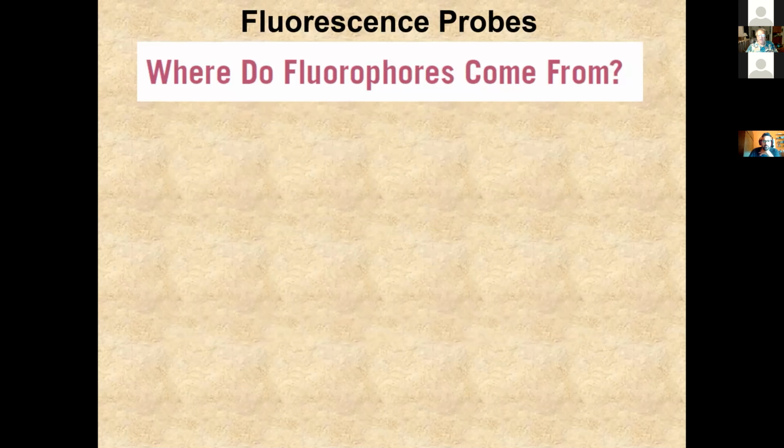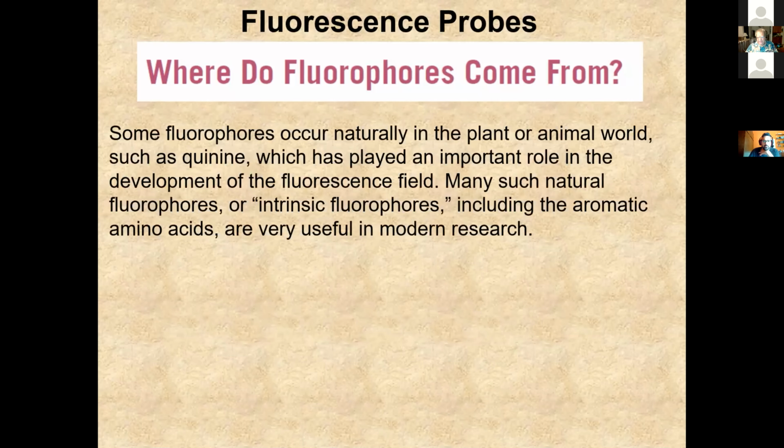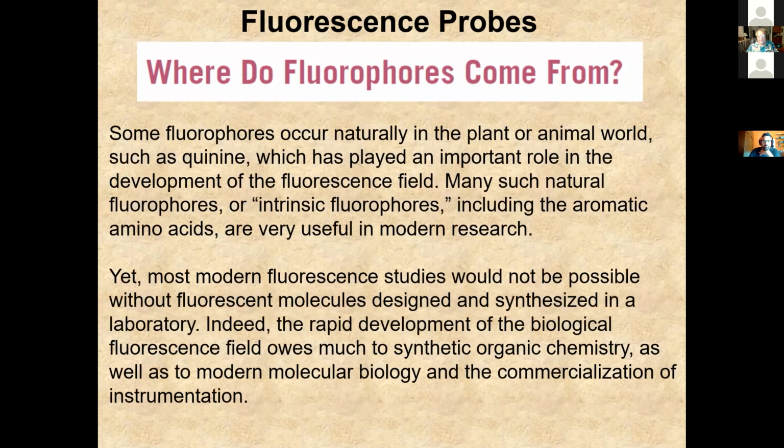We might ask, where do fluorophores come from? Well, some occur in nature naturally, like quinine. We're going to talk a lot about that in the history lecture. And there are many natural fluorophores; the aromatic amino acids of proteins are intrinsic fluorophores. Modern fluorescence studies would not be possible without fluorescent molecules designed and synthesized in the lab.